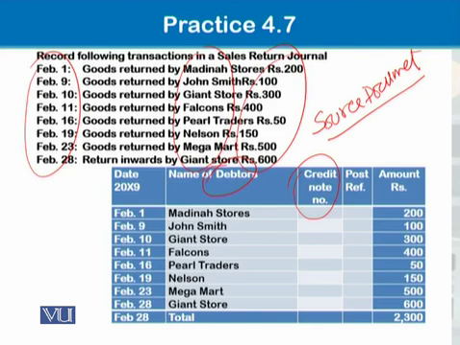So we will put its number here just to track our transaction. This is the name of the debtor. This is the amount of that sales return. Where it will be posted in the ledger will be put over here. These are the dates on which the sales returns are happening, and this is the total at the end of the period.